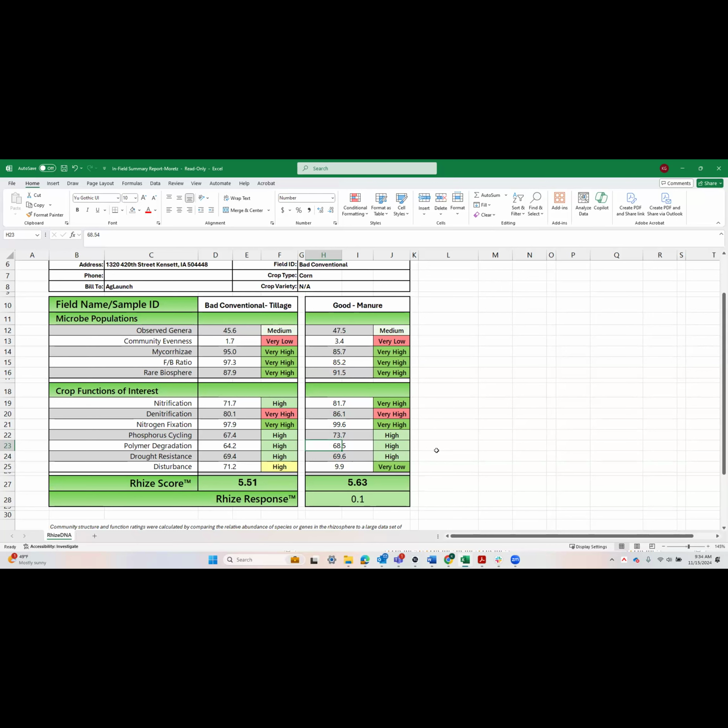Versus whenever you're tilling, you're breaking down these complex systems, and the DNA is becoming longer, so it's not easily able to communicate with other microbes in the community. And so that's how we were able to pick up on the disturbance. I think this is a great example of, okay, if you're tilling, are we going to see higher levels of disturbance? Are those communities going to be more mature, or less mature? Which I think is what we're seeing here in this sample.